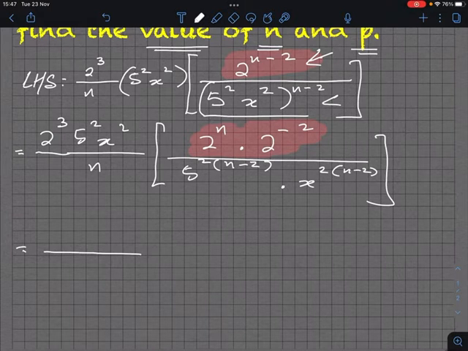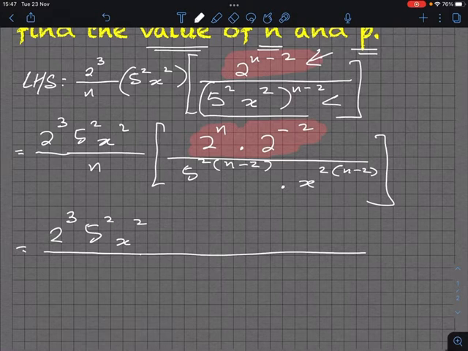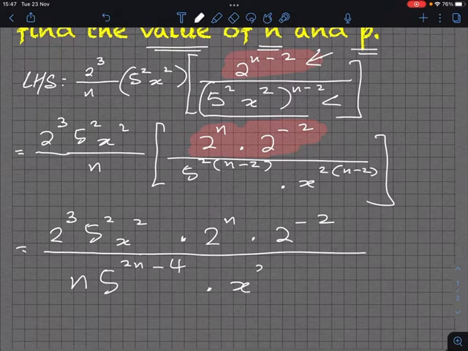The first part will be 2 to the power of 3, 2 cube, 5 square, x to the power of 2. We open up here, times by 2 to the power of n multiplied by 2 to the power of negative 2, then 5 to the power of 2n minus 4 multiplied by x to the power of 2n minus 4.